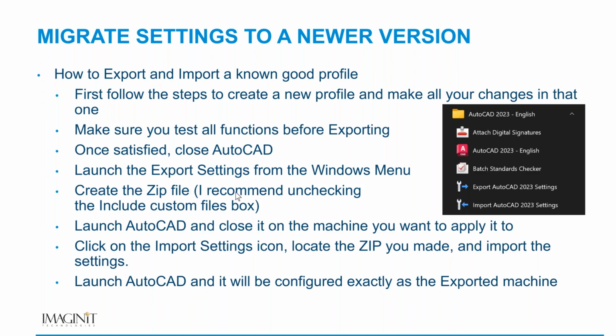We create a zip file, and I usually recommend unchecking the include custom files box, or custom network files. And the reason why is that if you reference a bunch of stuff on the network, every time that you apply this, it's going to want to overwrite it. It will remember that you're looking at that drive, but it's not going to.